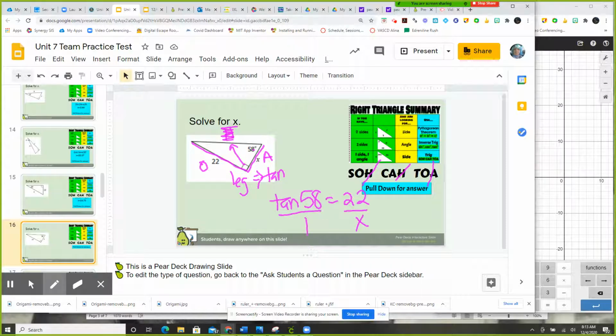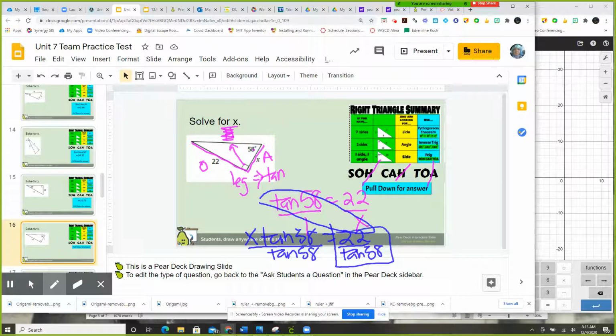Just like in the last one, when Naja said we can't have that X in the denominator, right? When we solve our proportion, we're going to multiply these guys and get tan 58 times X equals 22, then we would have to divide by tangent of 58. So ultimately, the X and the tangent, those two things are just going to switch places.